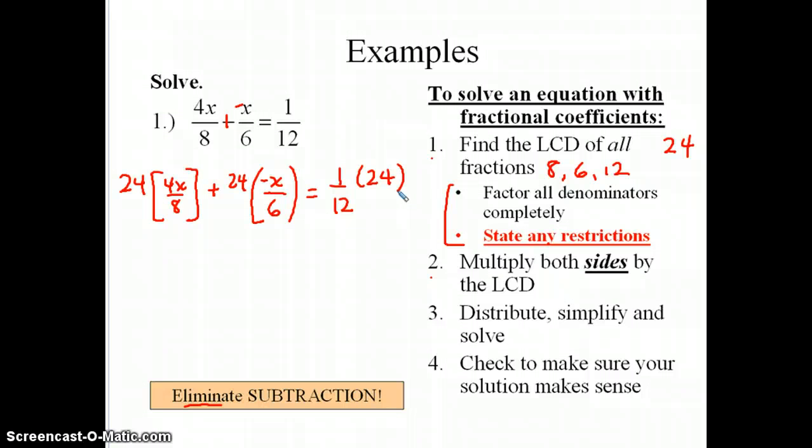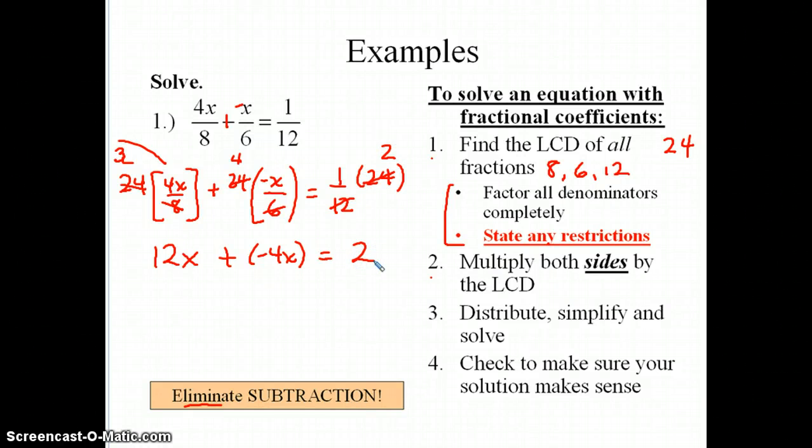When I multiply with the first fraction, I see that the 24 divides by 8, I'm left with 3. 3 times 4 is 12, so I'm left with 12x. Second one, 24 divided by 6 is 4. 4 times the opposite of x is negative 4x. And then on the right-hand side, I have 1/12 of 24, which then cancels to 2.